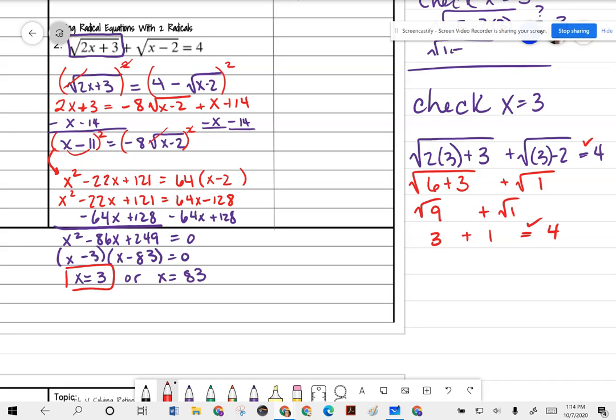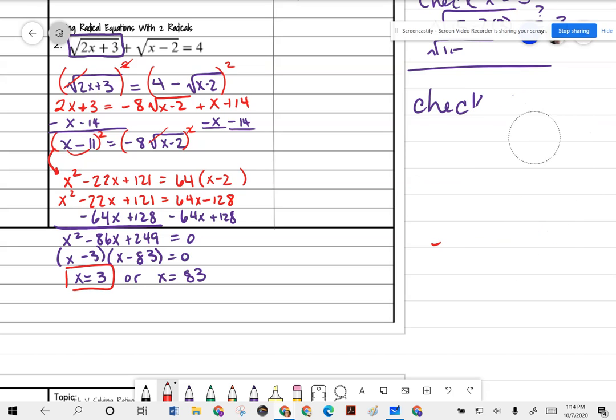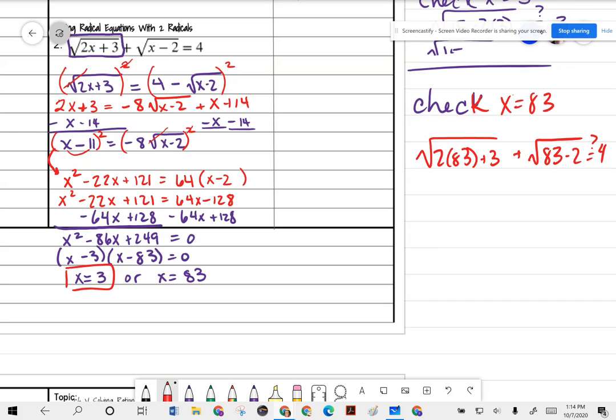Now let me go back over here. I'm going to check 83. So let's plug it in. We've got 2 times 83 plus 3 plus 83 minus 2, and does that equal 4?